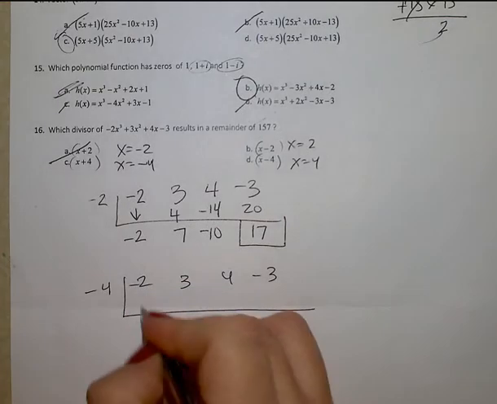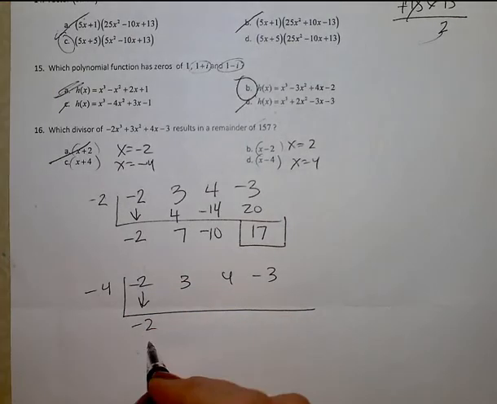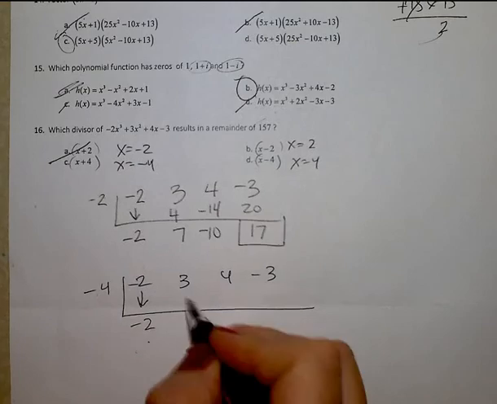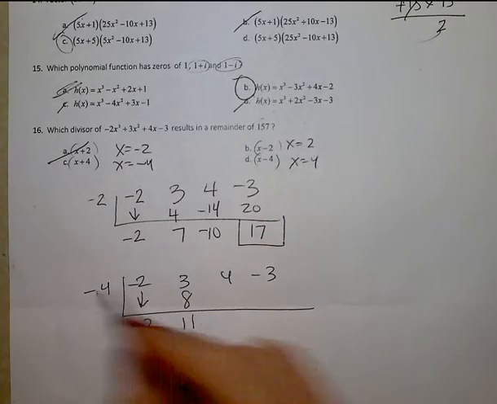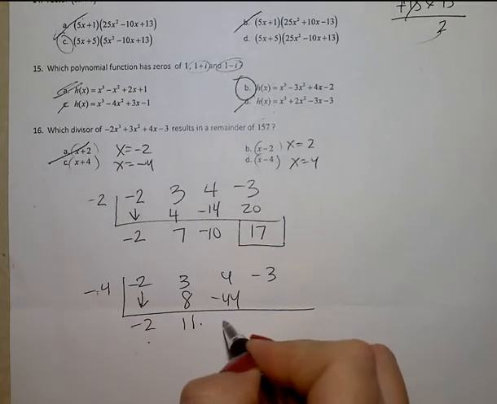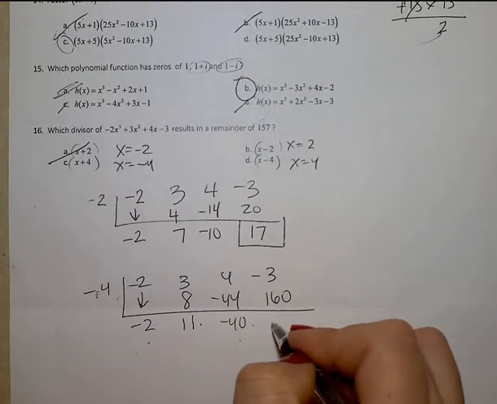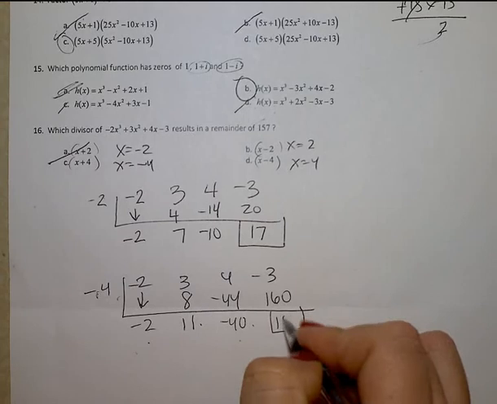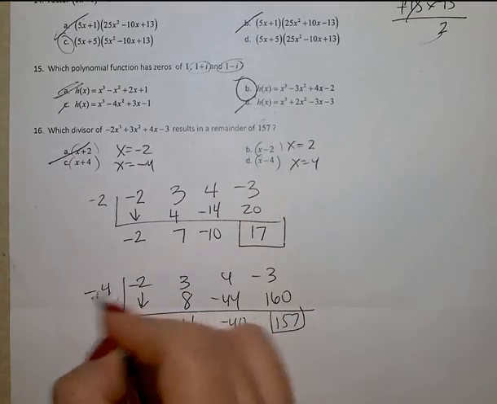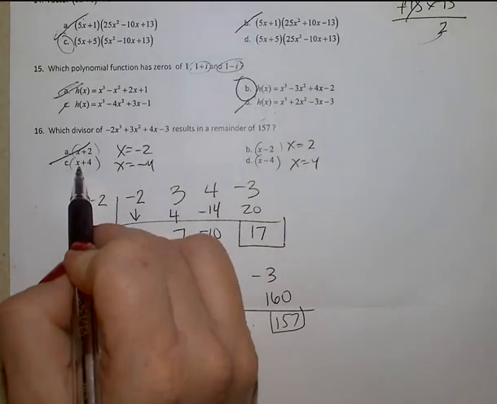Bring down the first number. Multiply, add down. Multiply, add down. Multiply to get 160, add down to get 157. So -4 works, which would come from the factor x plus 4.